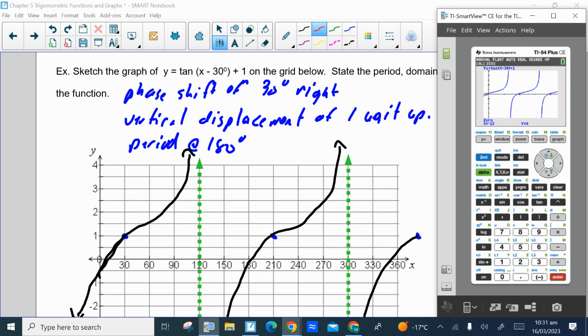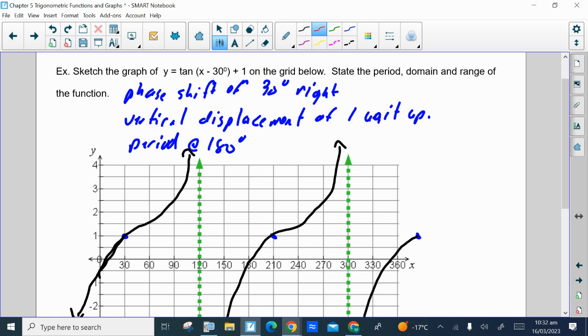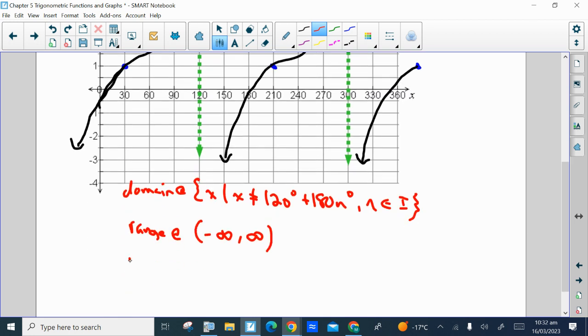So my sketch is off a little bit, obviously, but the calculator is quite useful to find out where that first x-intercept is. It's actually at negative 15 degrees. But the period is still 180. So every 180 degrees from negative 15, you're going to have x-intercepts. So there's your x-intercept.